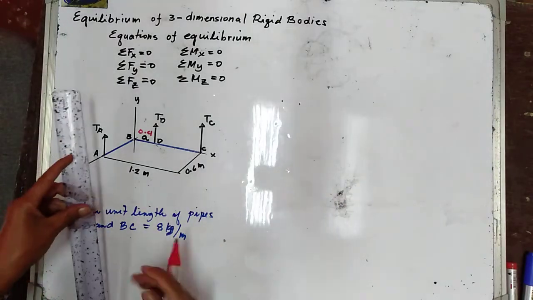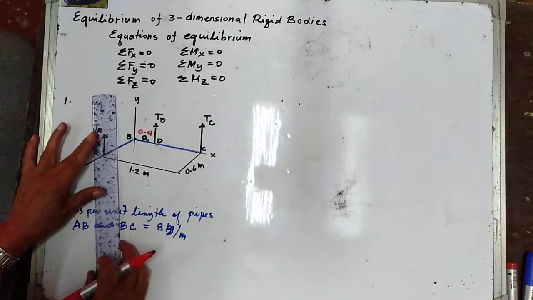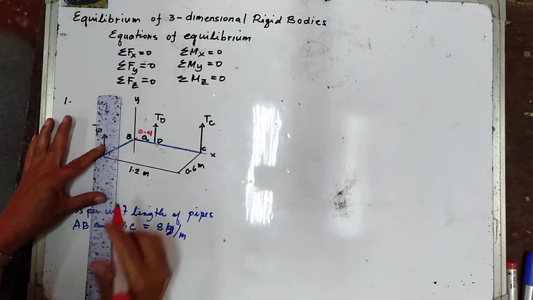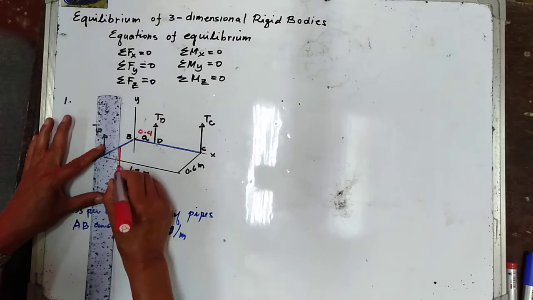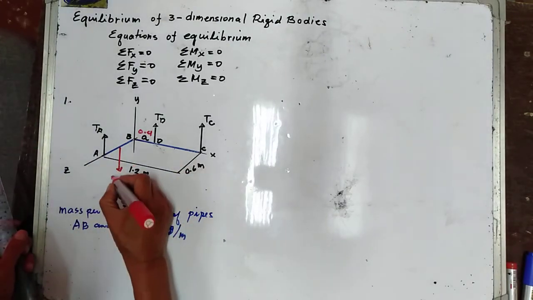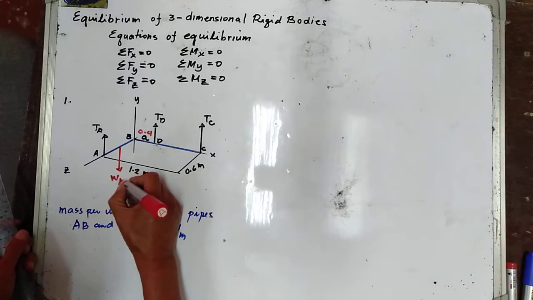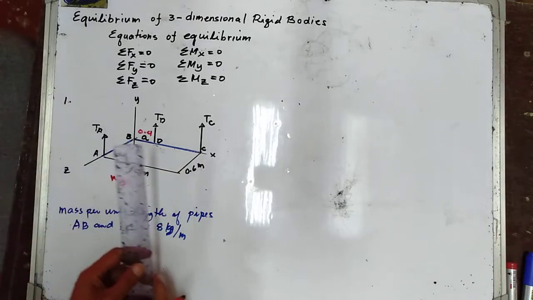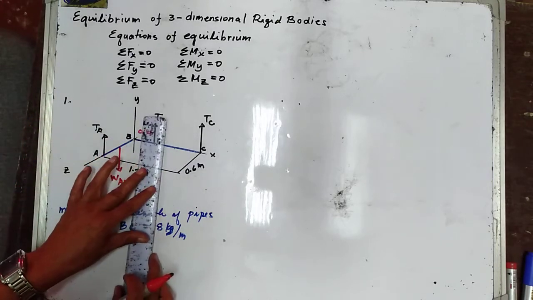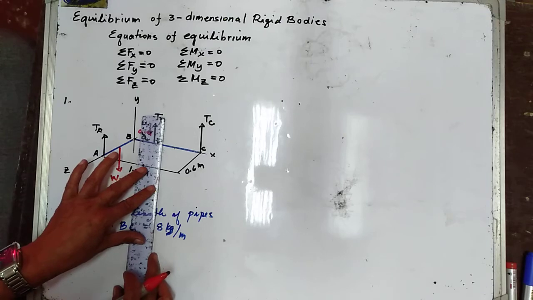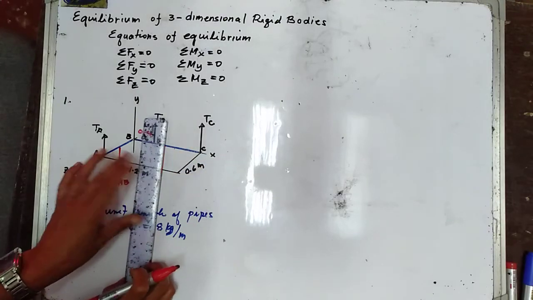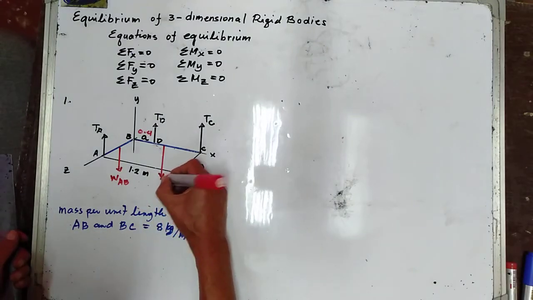I'm going to consider this as the weight of pipe AB, your WAB. And we have now your pipe BC. Of course, it's concentrated at the centroid. So this is the weight of pipe BC.